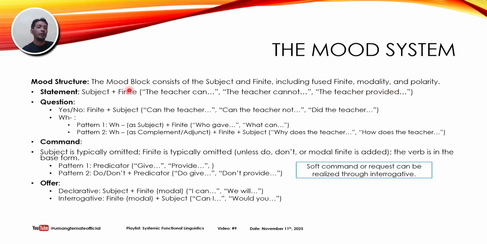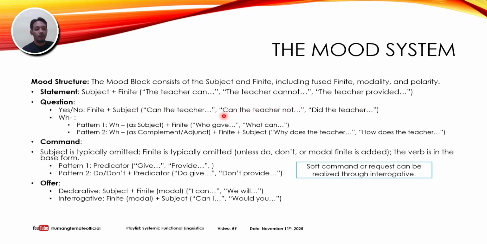But in questions we have two patterns, depending on the type of the question. If it is a yes/no question, the structure will be the finite comes first and then followed by the subject, like can the teacher, can the teacher not, did the teacher.